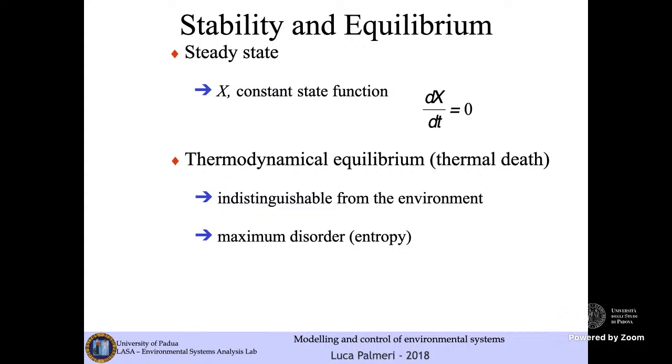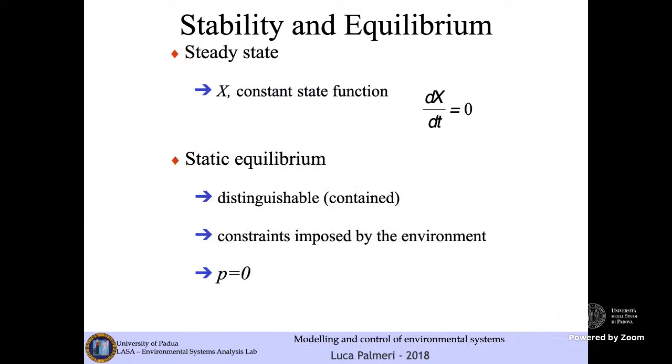In between, there are several other ways. In particular, we may start recognizing that living systems, ecological systems, are distinguishable from the environment because they are contained, or bounded. So they may be seen as in a kind of static equilibrium.